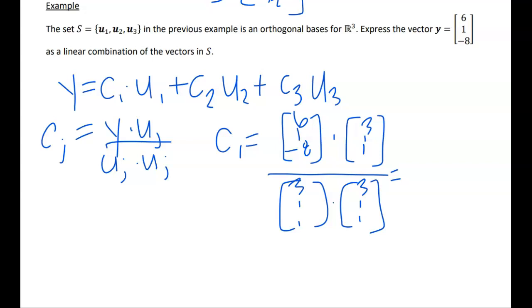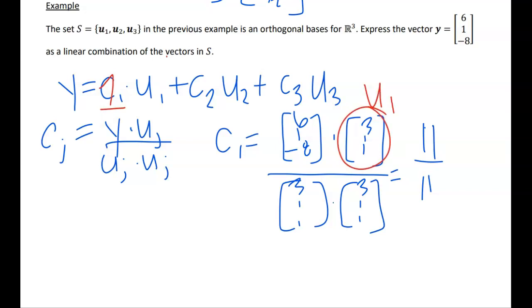All right, so we get 18 plus 1 minus 8 on the top. So that gives me 11. And then I get 9 plus 1 plus 1, so I get 11 on the bottom. So I get 1 for c1. So it's 1 times u1.